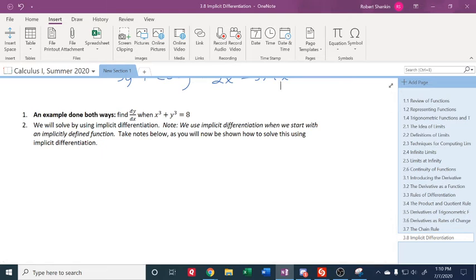In implicit differentiation, the first step is you take the derivative with respect to the input variable of both sides. So step one, take d dx of both sides.